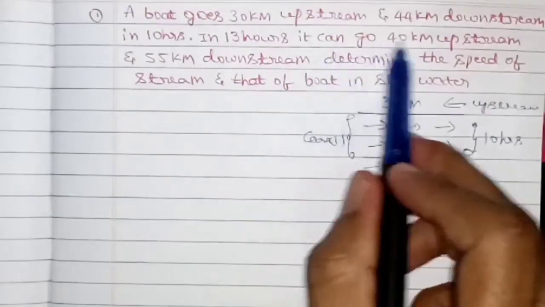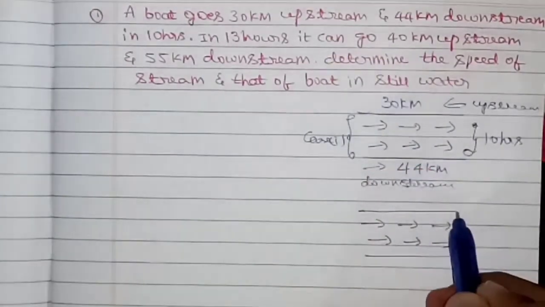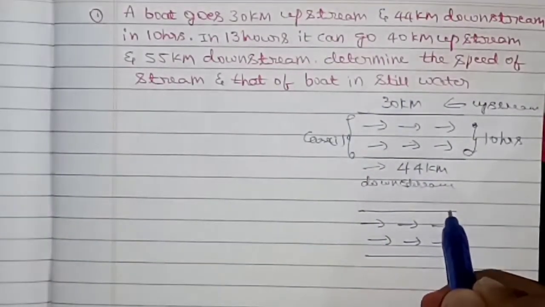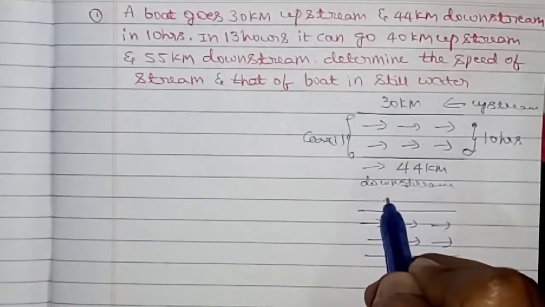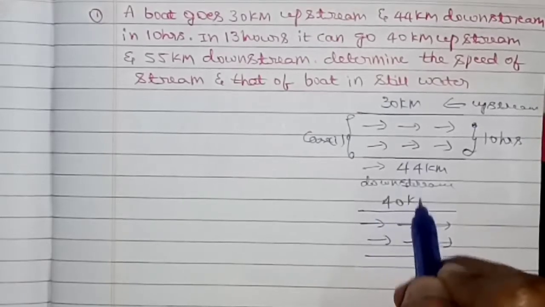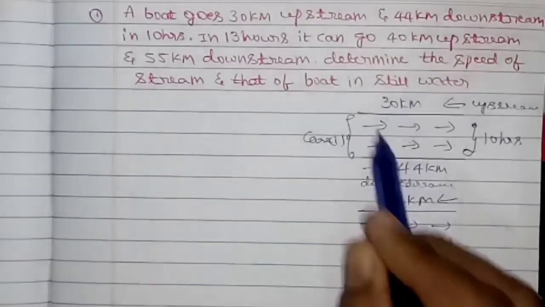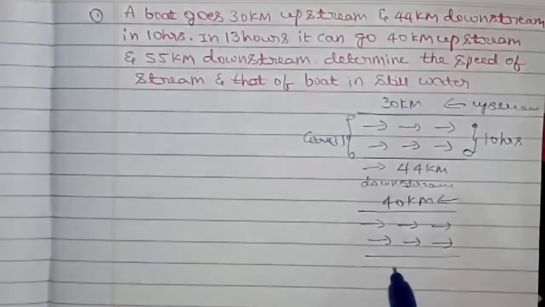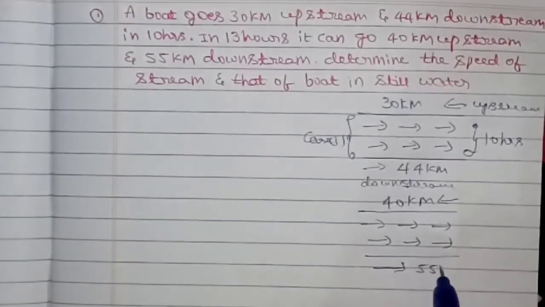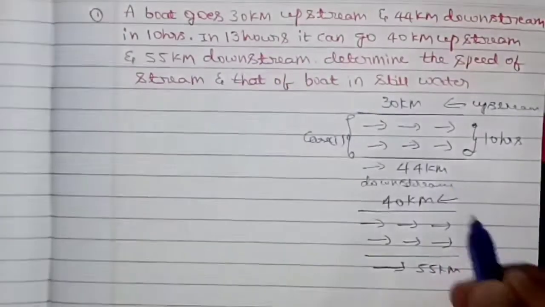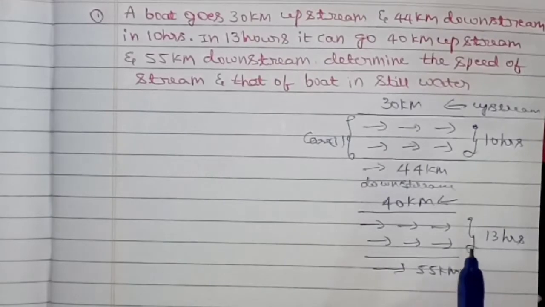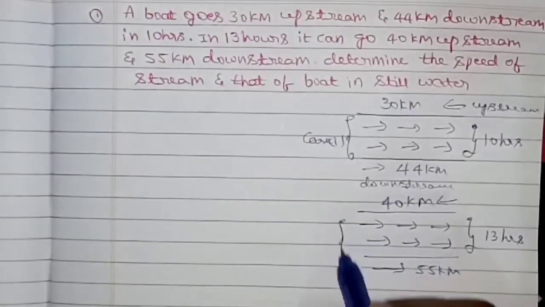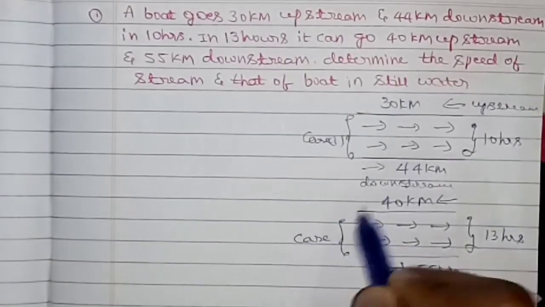Here it goes 40 km upstream, opposite to the direction in which the river flows, and 55 km downstream, and it takes 13 hours. This is case number 2, right, children?